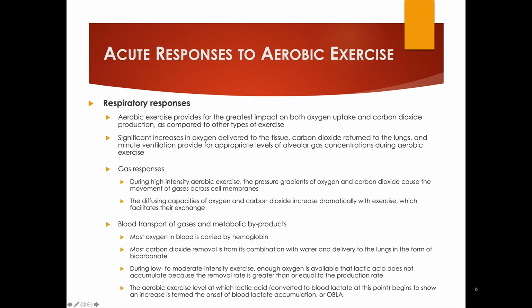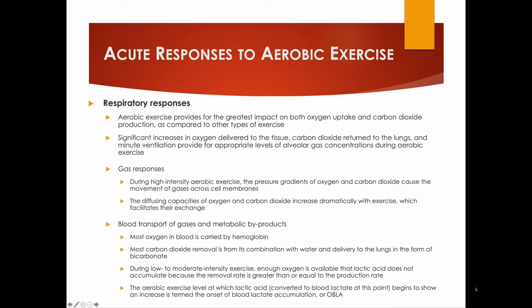And CO2 is removed via bicarbonate. That's the most common way we carry CO2 in the blood back to the lungs. As CO2 is produced, it gets converted to bicarbonate and transported in the blood, and then in the lungs, it gets converted back to CO2, and then we expire it out.